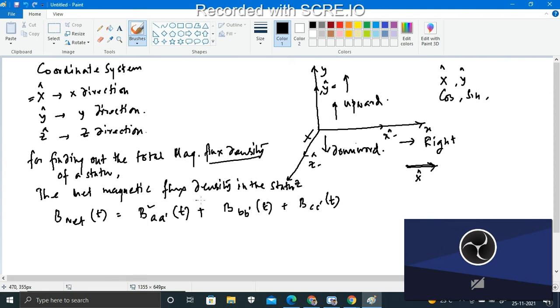So we will add each and every magnetic flux for each and every coil.